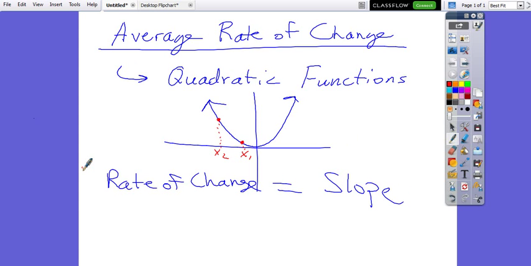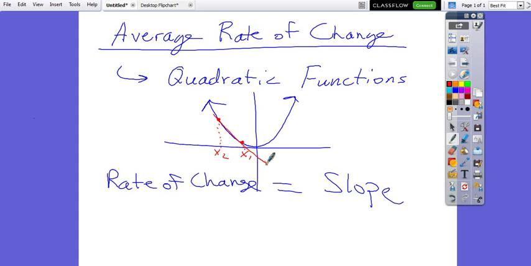If I find the slope between those 2 x values, it's going to be a negative slope, right? If I draw a line through those 2 points, that line is facing down to the right, which means it's negative slope.